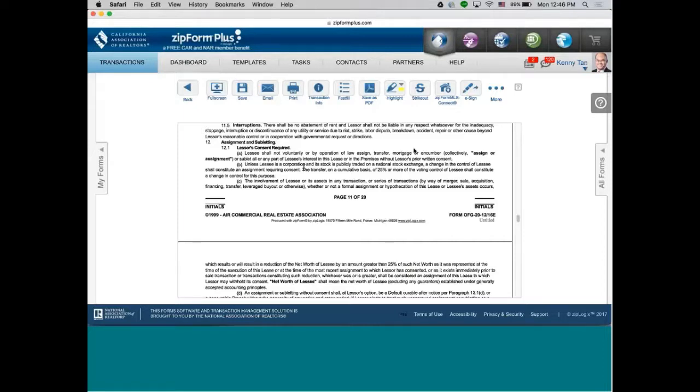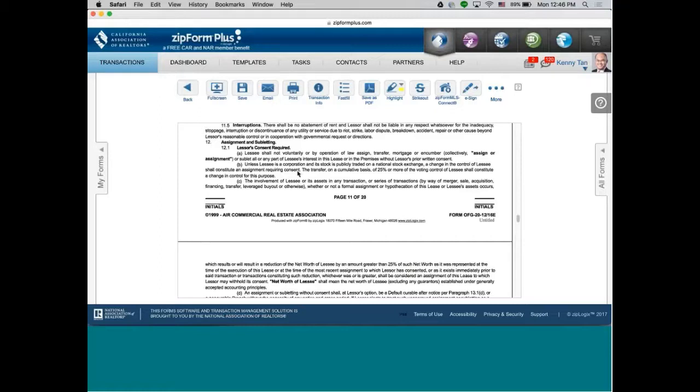Look at B. Unless lessee is a corporation and its stock is publicly traded on a national stock exchange, a change in the control of lessee shall constitute an assignment requiring consent. So if you are a tenant, you are not a publicly traded company, and if there has been change in the control, usually control means more than 50% of the stock has been transferred to someone else, that will trigger a written consent for the lease to be assigned to the corporation.